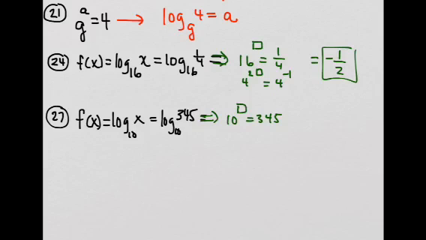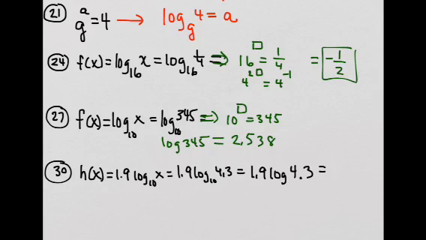And your calculator's programmed with base 10. So remember, most books don't even write the base 10, they just write log 345, and you're supposed to know that you take your calculator because that's the base on the calculator. So log 345 equals, to 3 decimal places, 2.538.